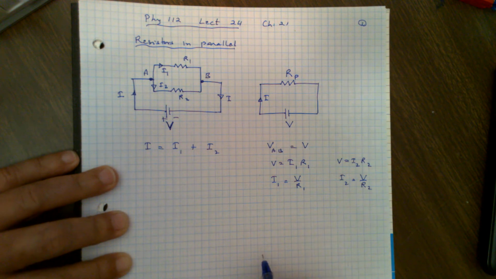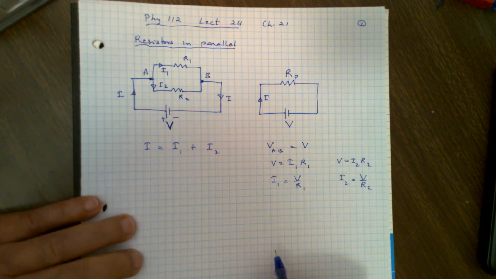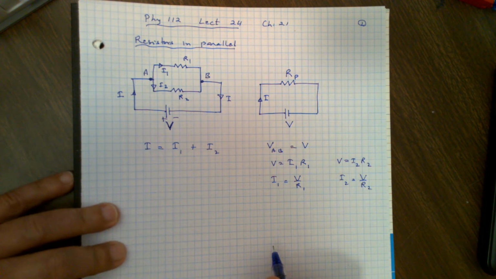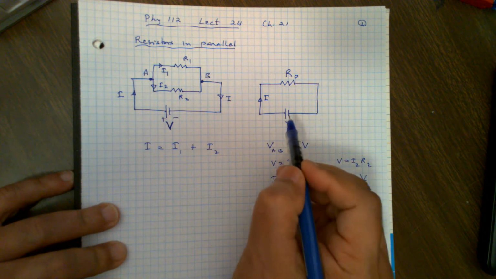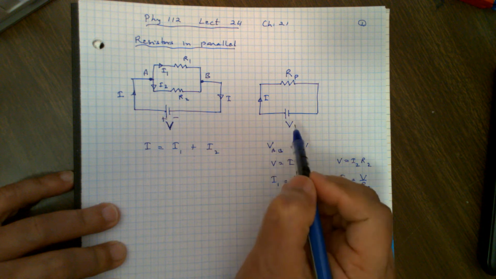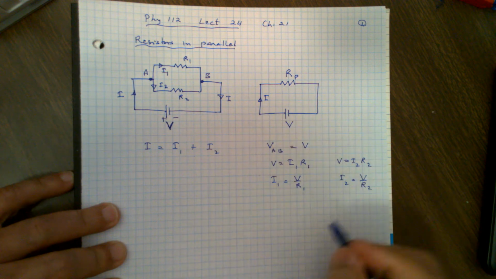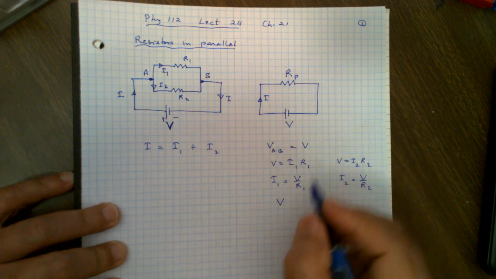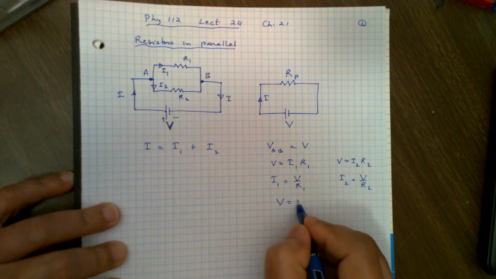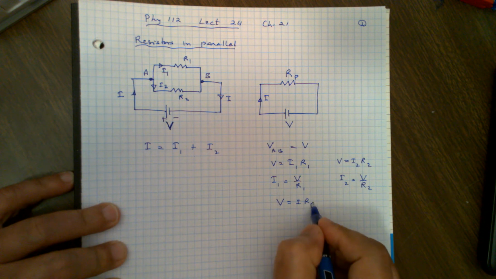So far so good. Now for the equivalent resistor, Ohm's law still applies. So V is still IR. For the equivalent resistor on this circuit, V is equal to I RP.